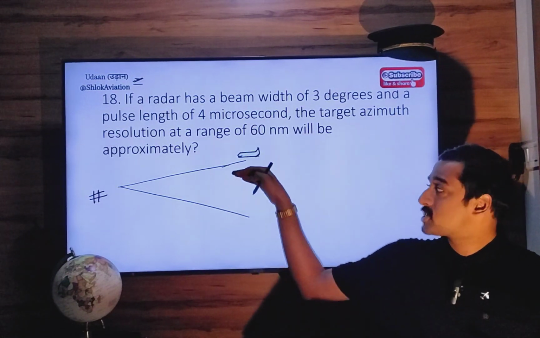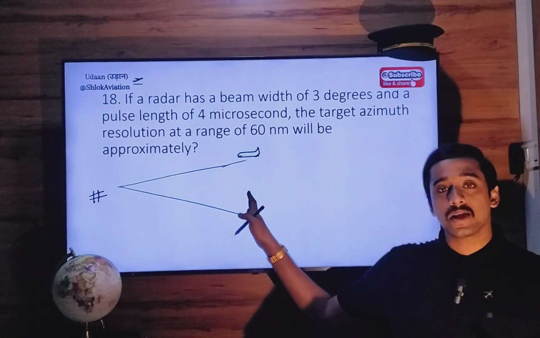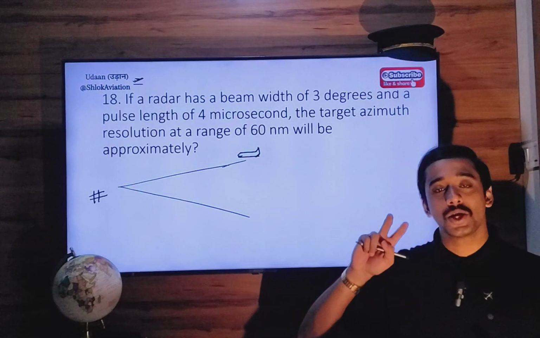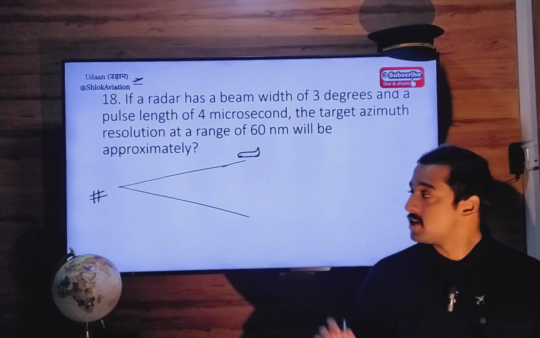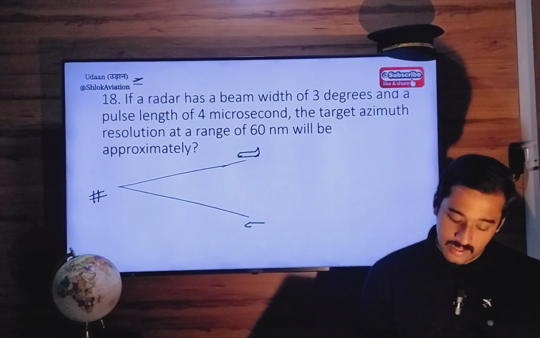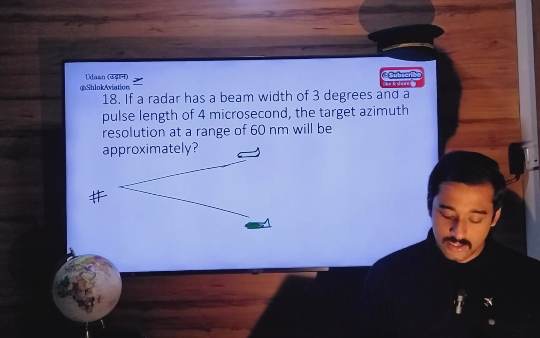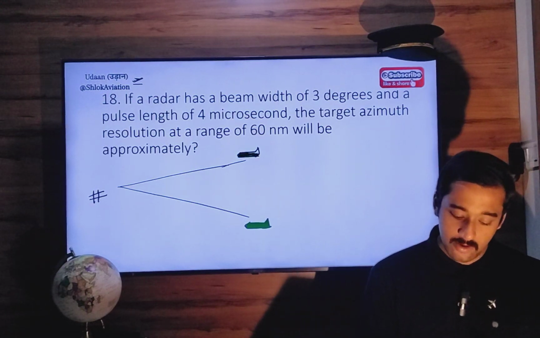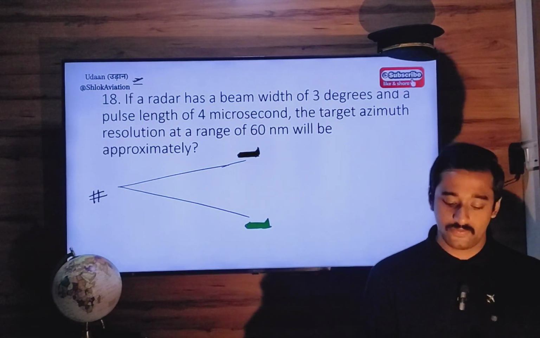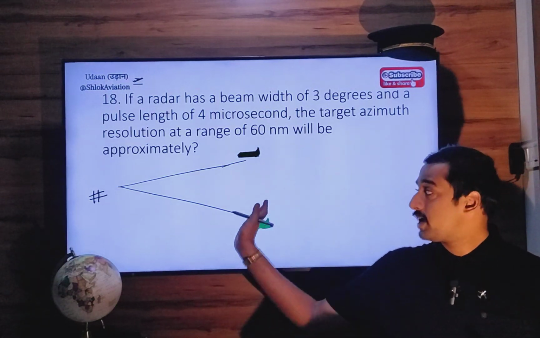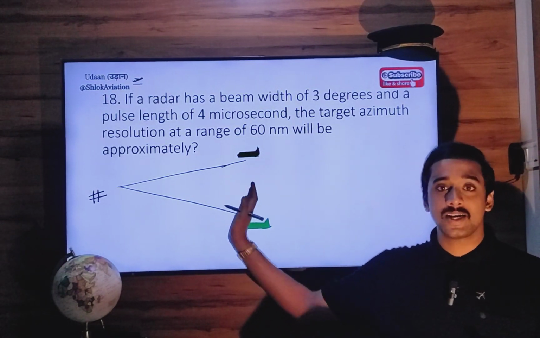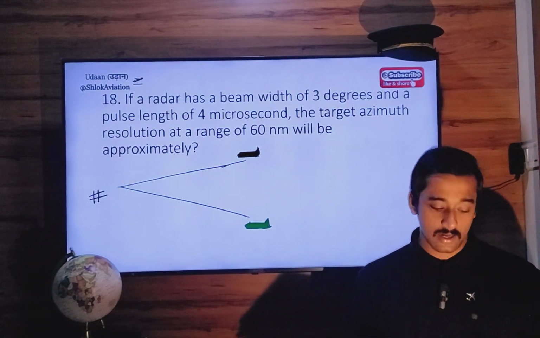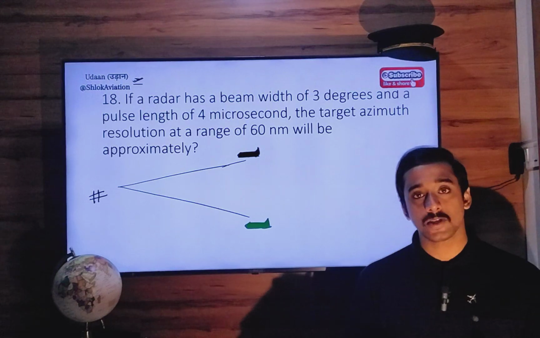In order for two aircraft to be represented properly as two different representations on the radar screen, the two aircraft must be situated outside the beam width. If they are situated inside the beam width, both these aircraft will be represented as one radar reflection. So in order to get azimuth resolution, both these aircraft must be outside the beam width.